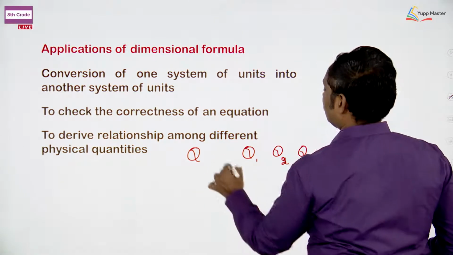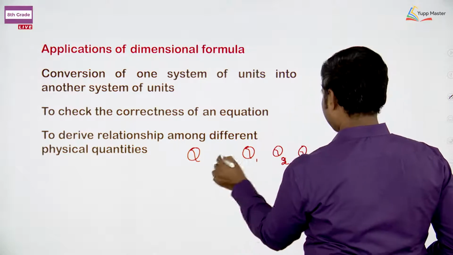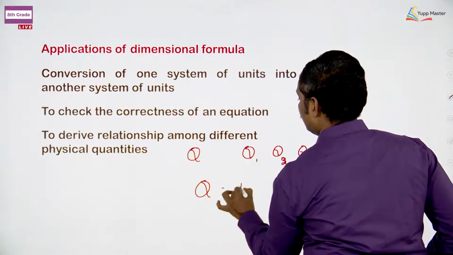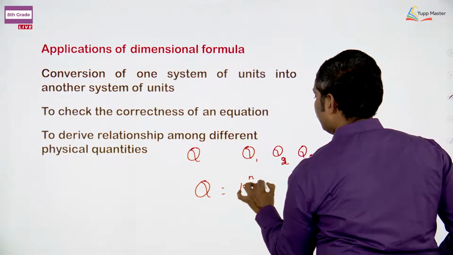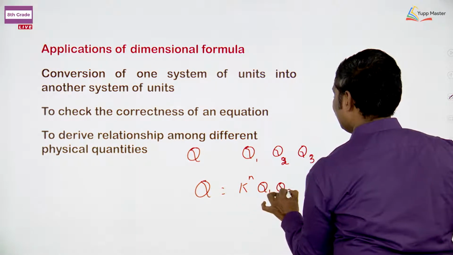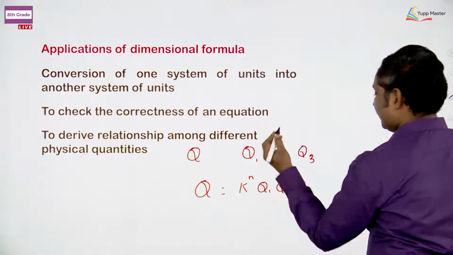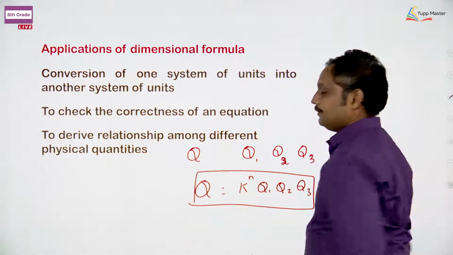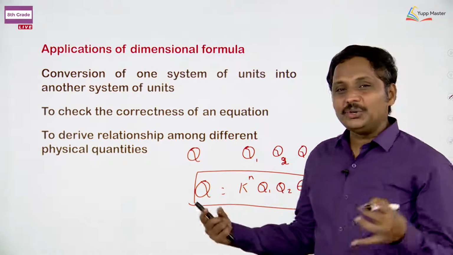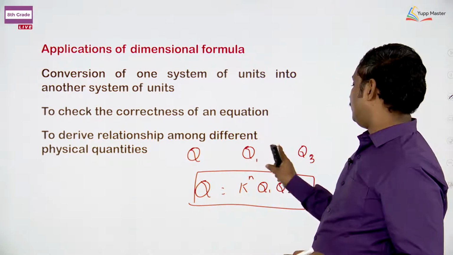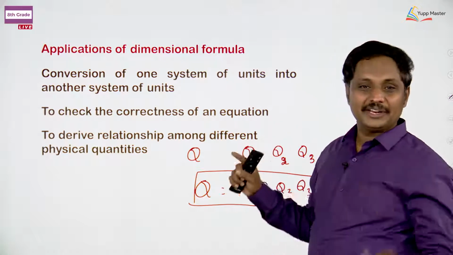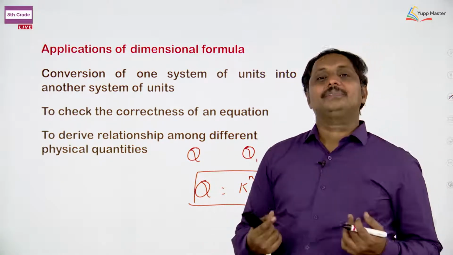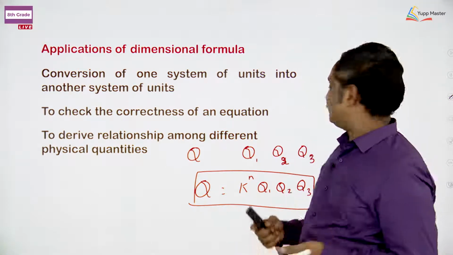You know very well how you will represent that relation: Q is equal to k Q1 to the power n into Q2, Q3. In order to derive the relation, you represent it in terms of some constant. So, it is very clear.